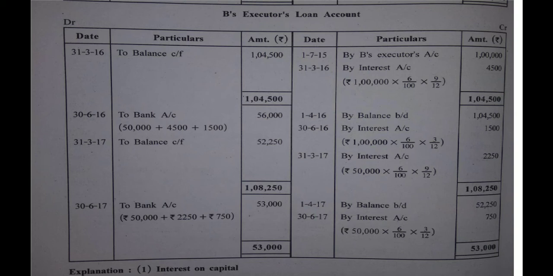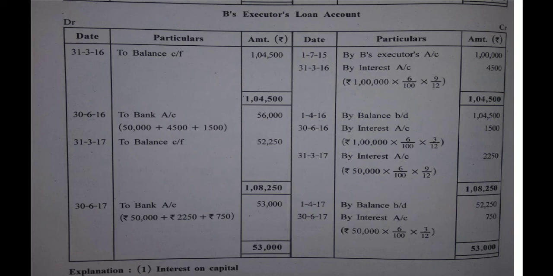So 50,000 into 6 by 100, the rate of interest, and then for 9 months, so into 9 by 12 gives you 2,250. This is the amount of interest calculated for 9 months on the second installment of the loan, which is 50,000.